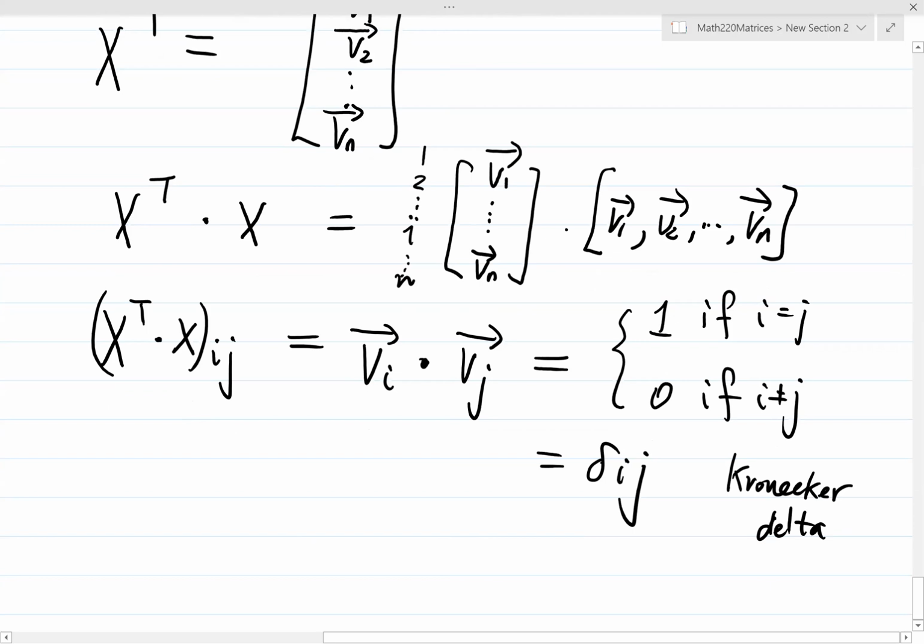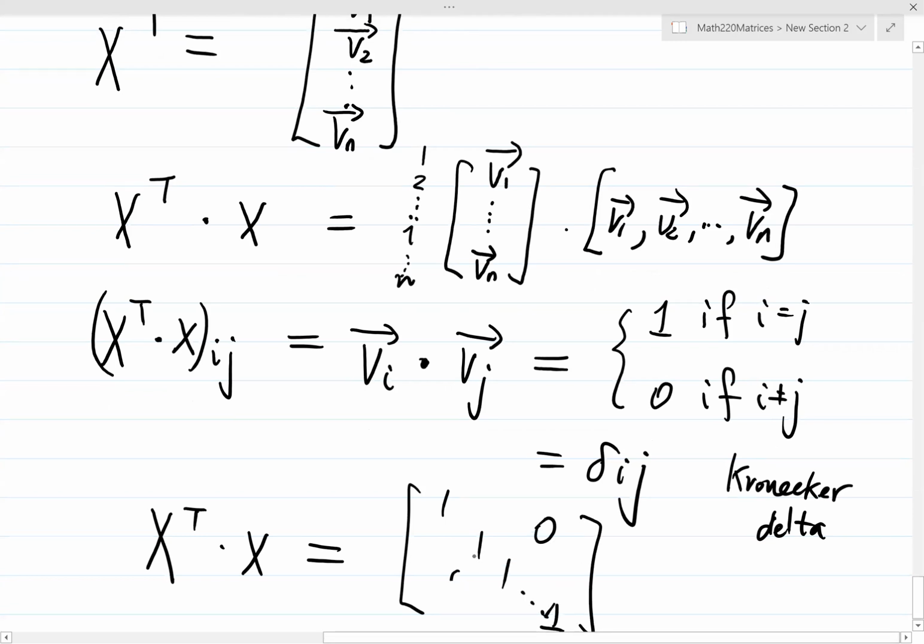The diagonal entries, where i equals j, give 1. So X transpose times X has diagonal entries 1 and all other entries 0. So this is actually the identity matrix.